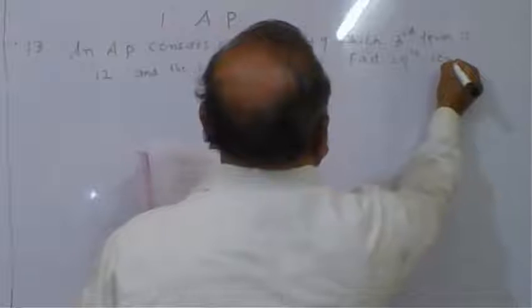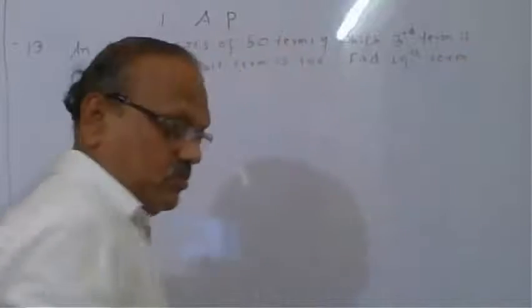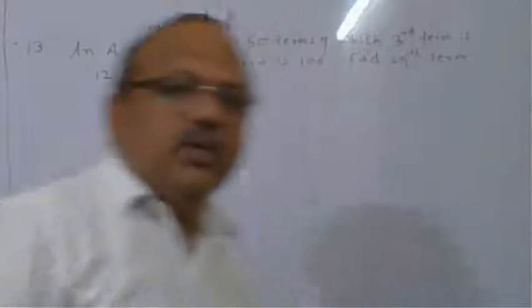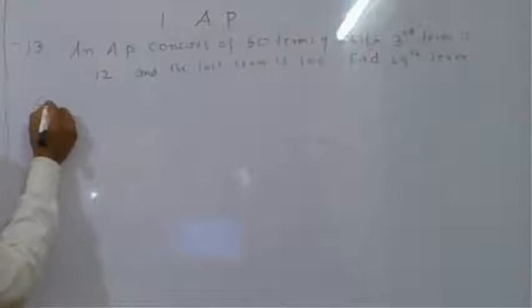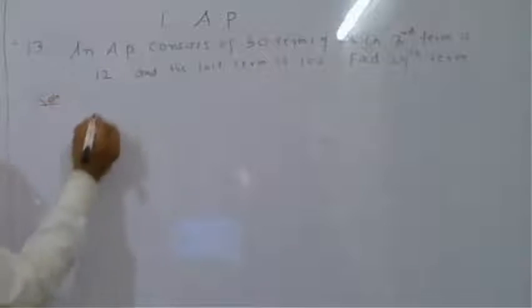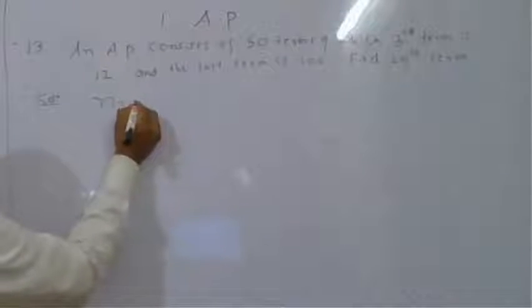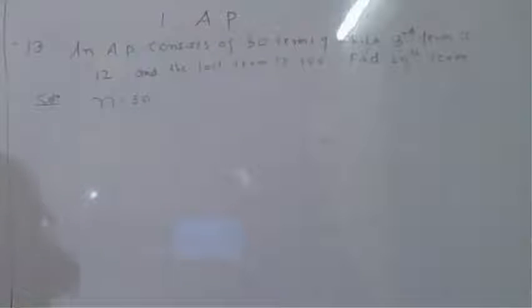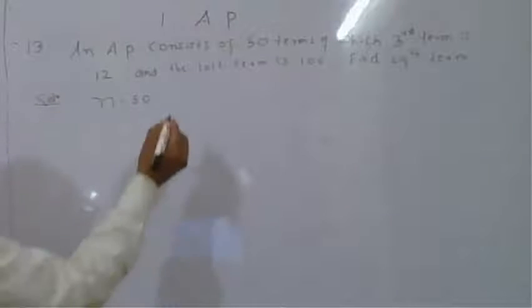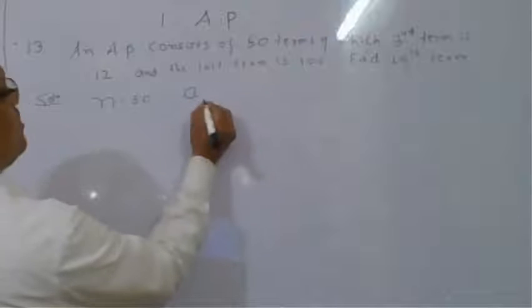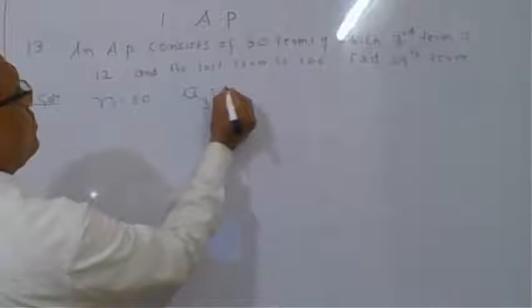Look at the problem. Read the question. An AP consists of 50 terms. An AP consists of how many terms? 50 terms. n is equal to 50. Of which the third term is 12, means a3 is equal to 12.